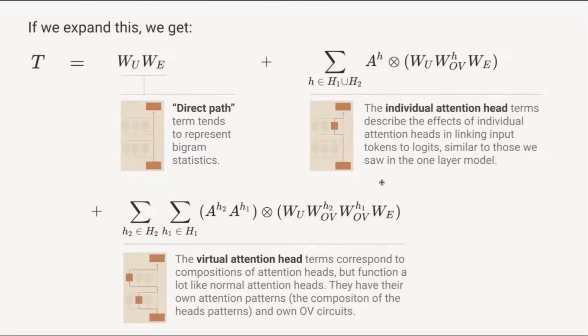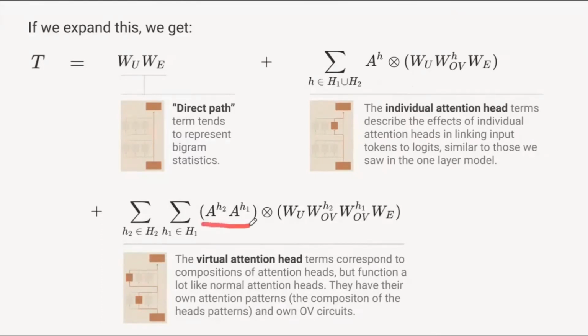And then finally, we have what I'm going to call virtual attention heads. Virtual attention heads are when you have the composition of two attention heads, and that also has some effect on the output. Virtual attention heads have this nice property that we get them through the mixed product identity we were talking about earlier.